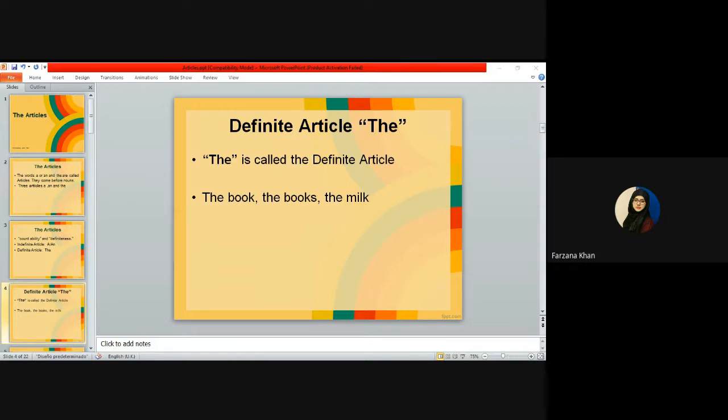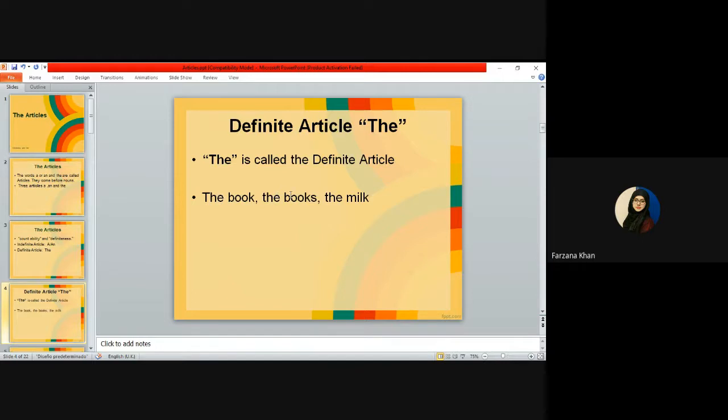So the definite article is used before singular countable nouns. It is also used before plural countable nouns and uncountable nouns. You can see here in the examples, the book. This is a singular countable noun, so here the definite article has been used.